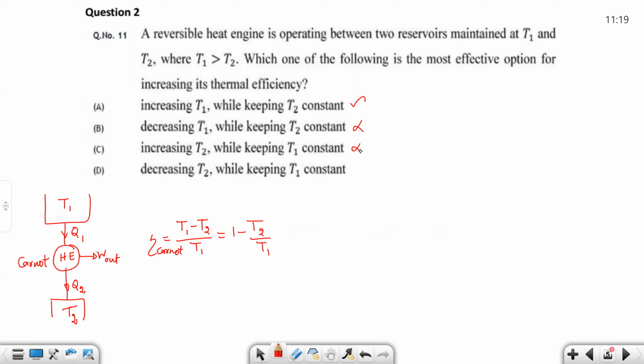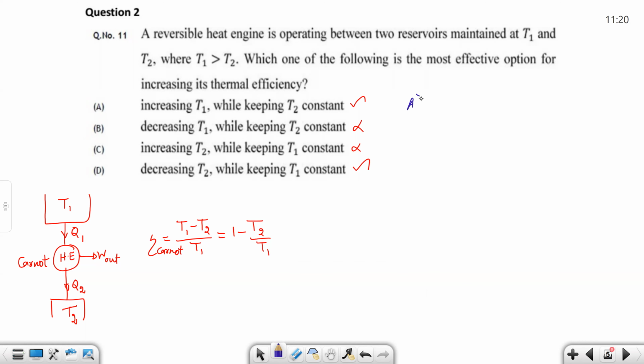Maybe from this formula you can understand it mathematically. So there are two options which will increase the efficiency. But which is the more effective way of increasing it? Maybe we will take A first.